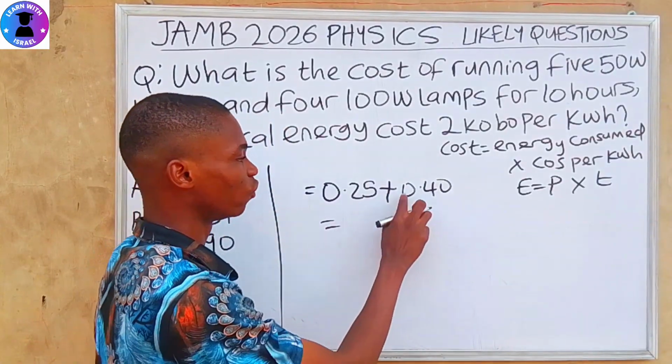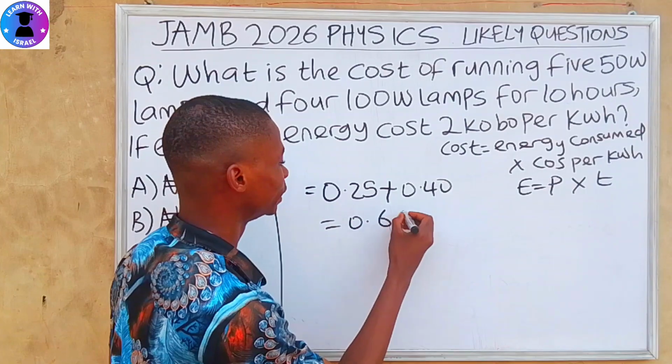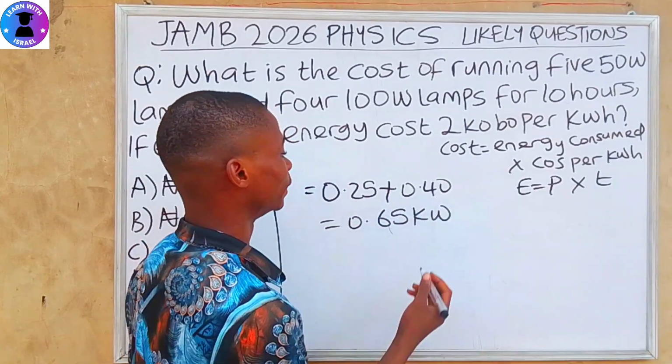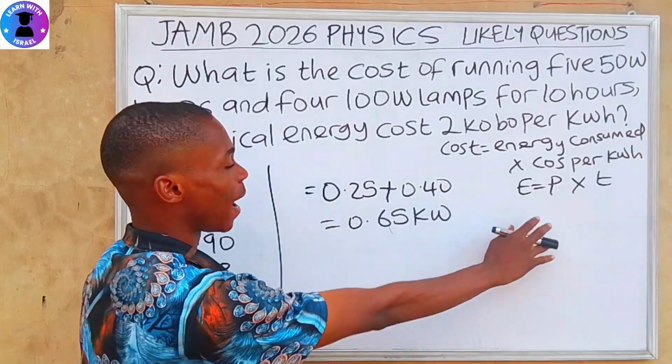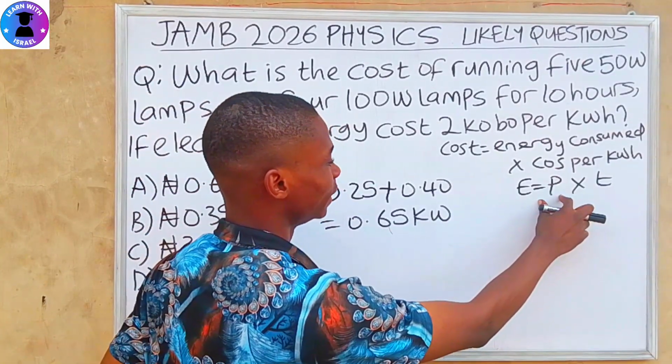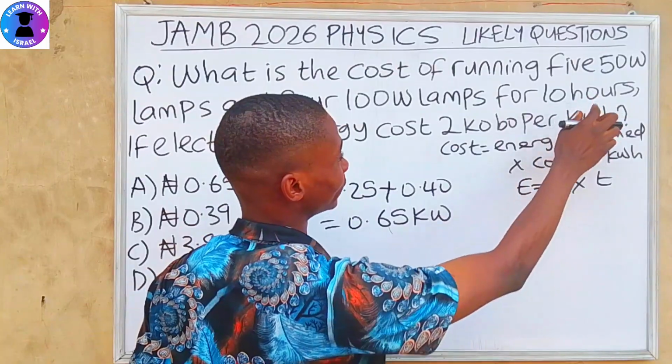So 0.25 plus 0.40 will give us 0.65 kilowatts. Now, this is our power. And our time is 10 hours.